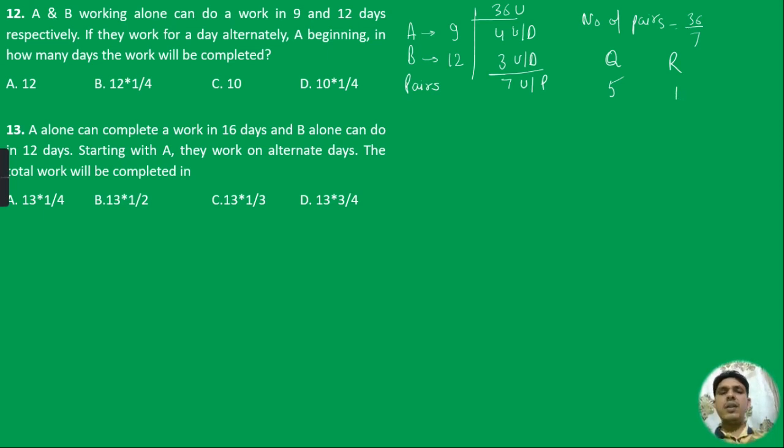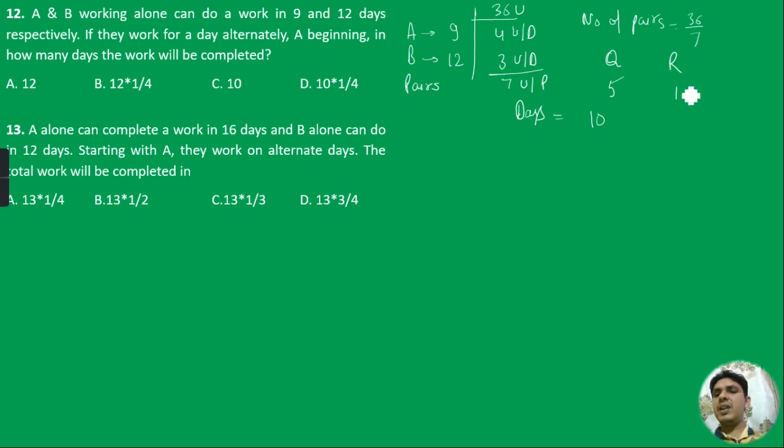So students, as the number of pairs of days is 5, the number of days will be 10.